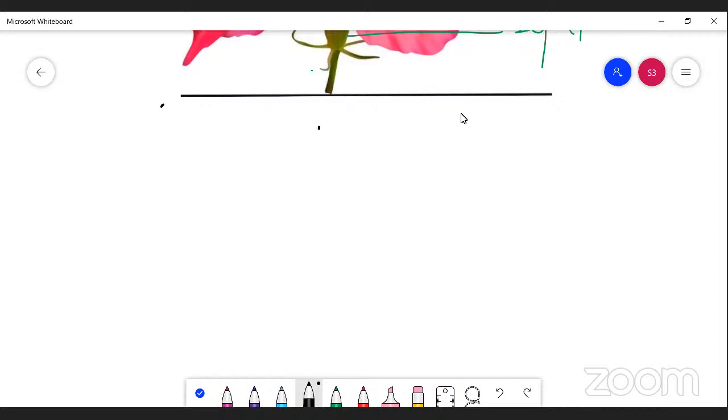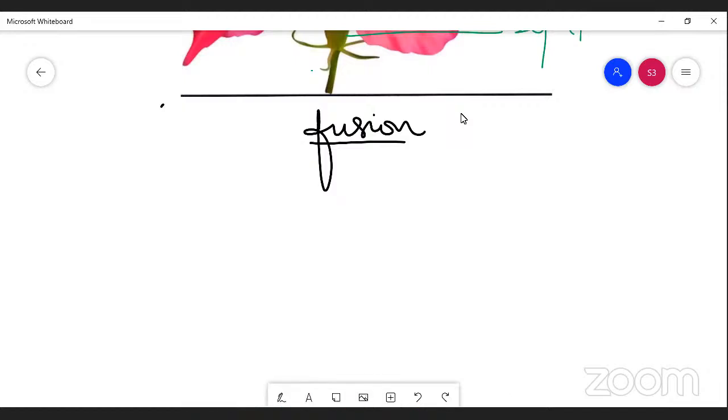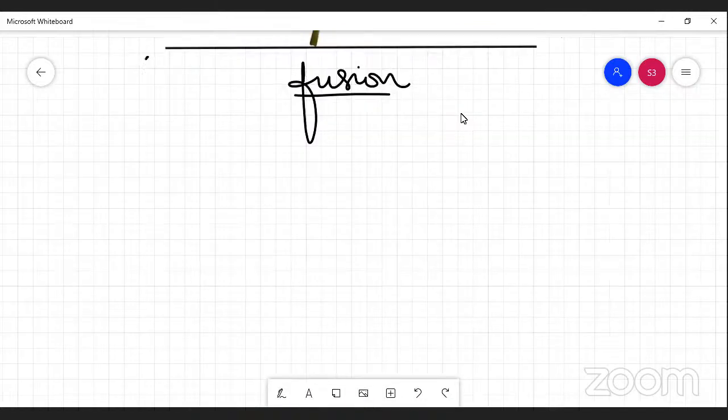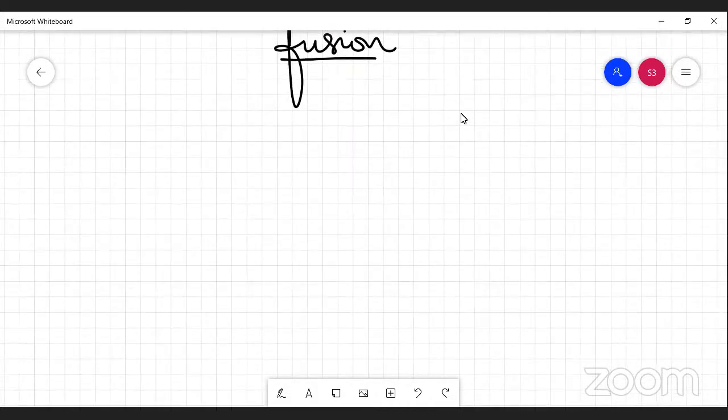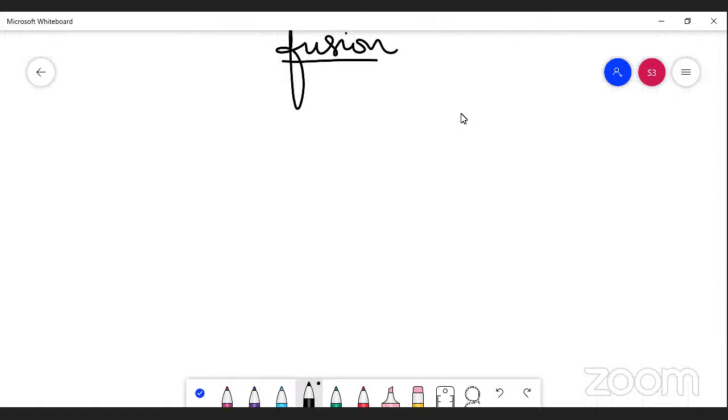The corolla can be classified into several types based on many criteria, but here one of the criteria is taken: the fusion of petals in a flower, by which we can classify the corolla into two types.